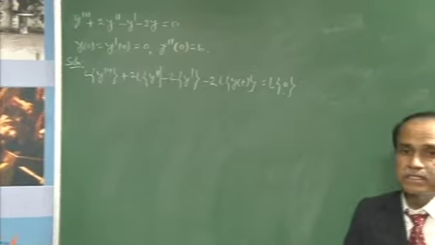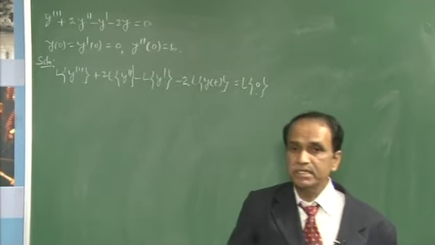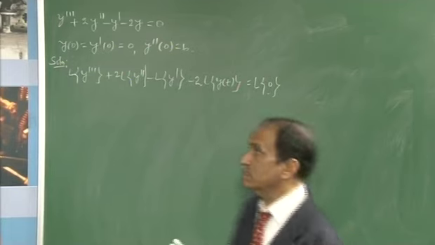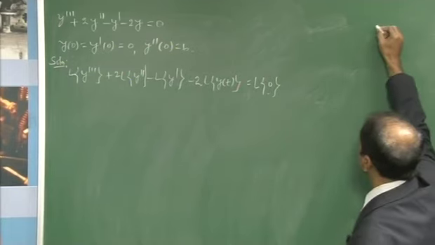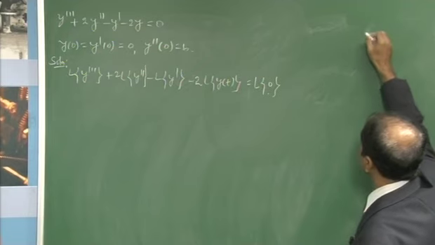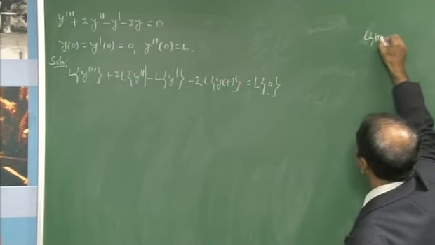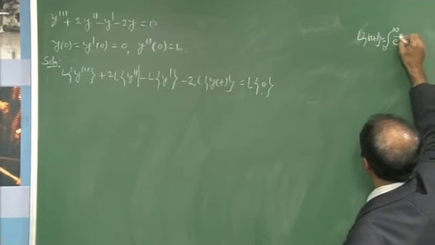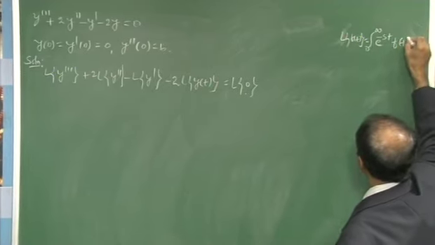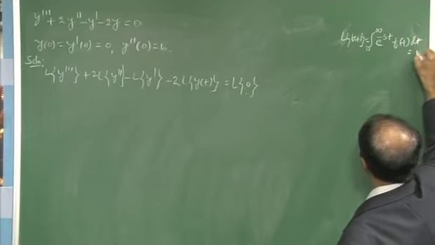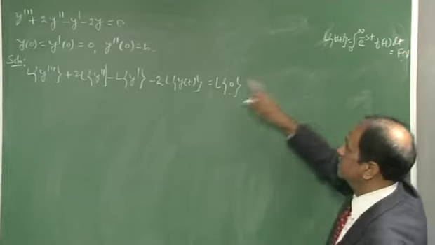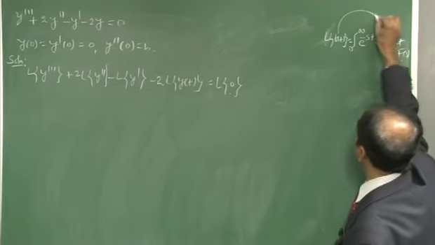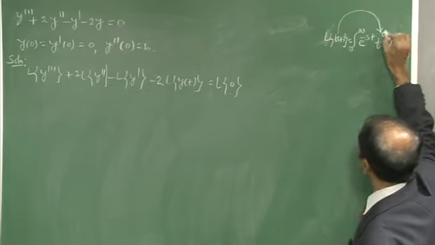Remember, this L of 0 means you are introducing the value 0 inside the definition of Laplace transform. L of f of t is equal to the integral from 0 to infinity of e to the power minus st, f of t dt, which is equal to F of s. Here L of 0 means this f of t you are replacing with 0.